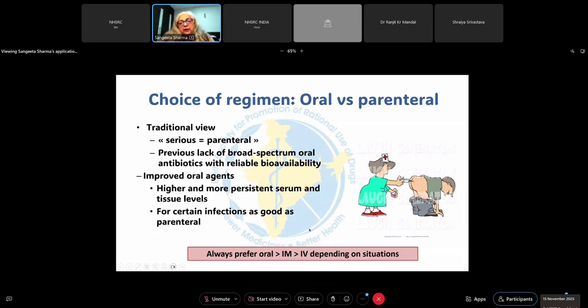But I want to give a word of caution here. Oral antibiotics have the greatest potential for misuse. Cefixime is the one. I have seen patients getting cefixime in the outdoor department. I have seen cefixime being prescribed for normal delivery patients as a regular package after delivery.